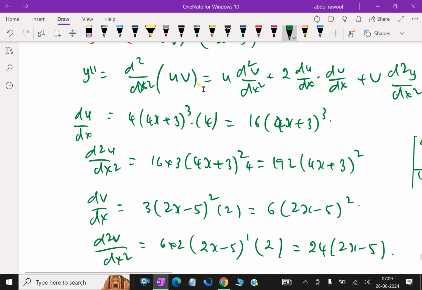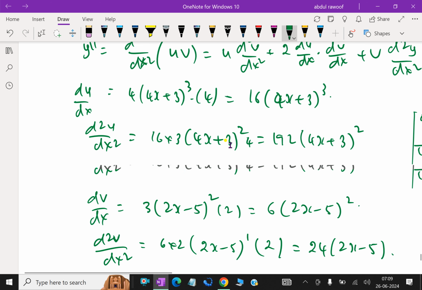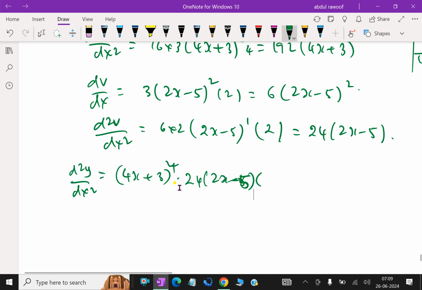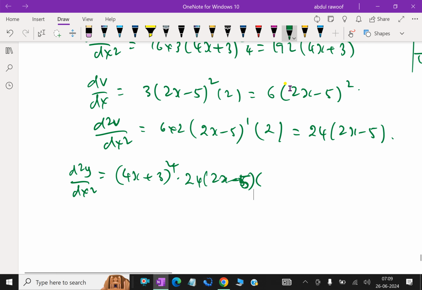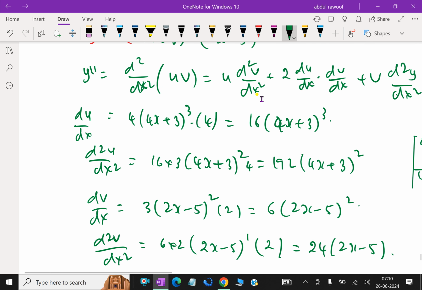Let us apply this: u d square v by dx square is 4x plus 3 power 4 into 24 into 2x minus 5, then plus 2 times du by dx dv by dx.